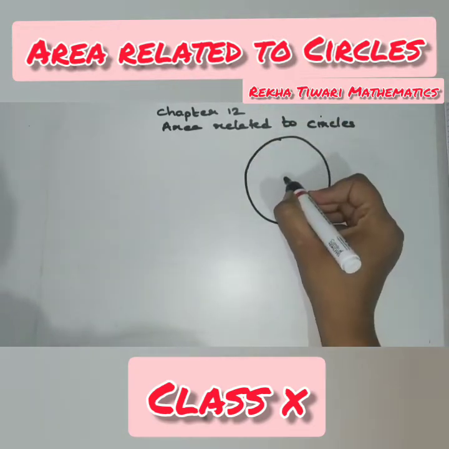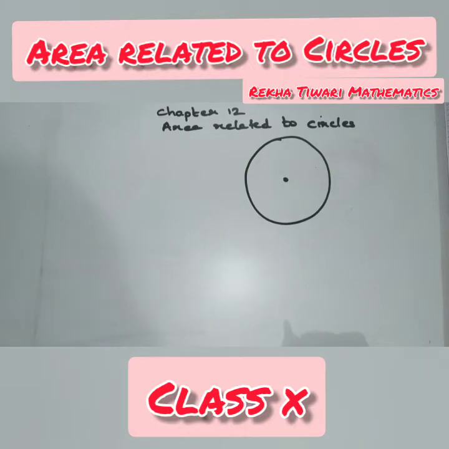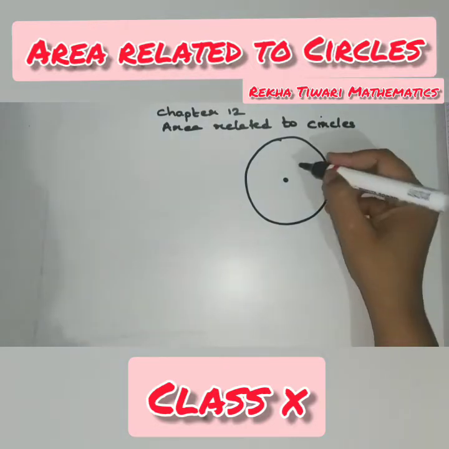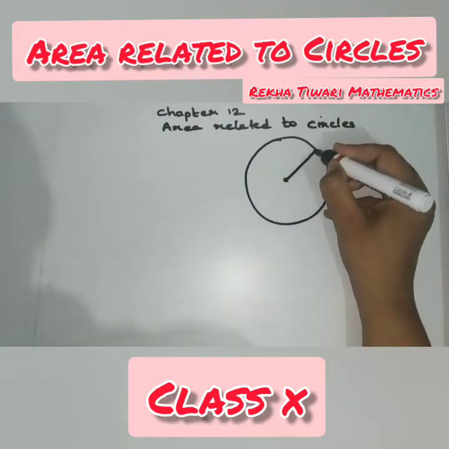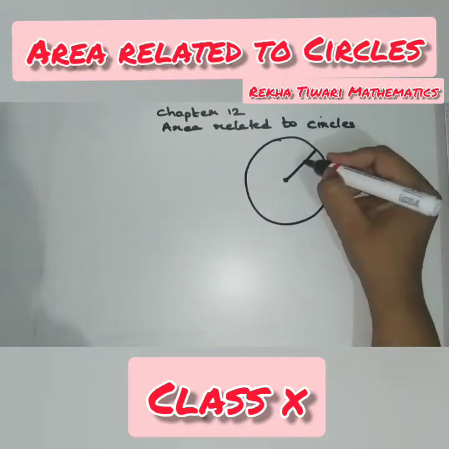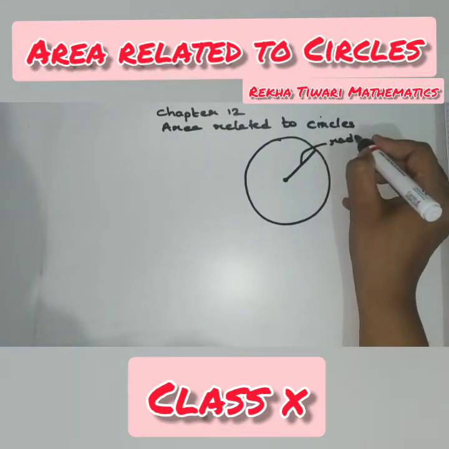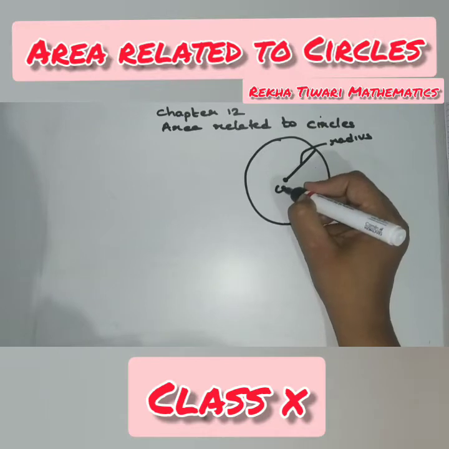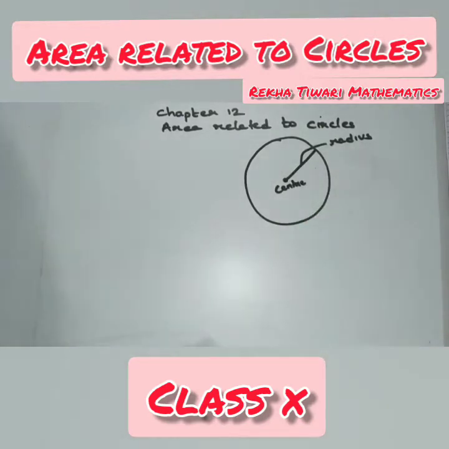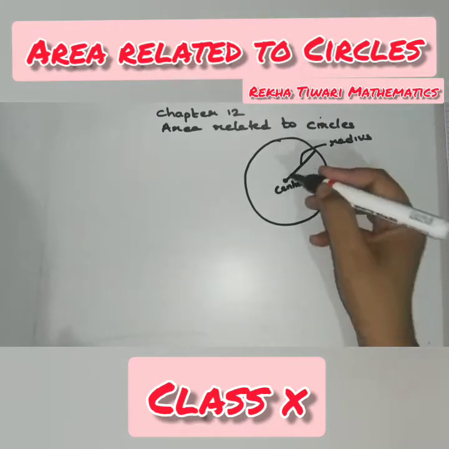In the circle, this is called the center. The fixed point is called the center. The fixed distance is called the radius. See, this is radius. This one is the center, and when you join two radius in a straight line, it becomes a diameter.